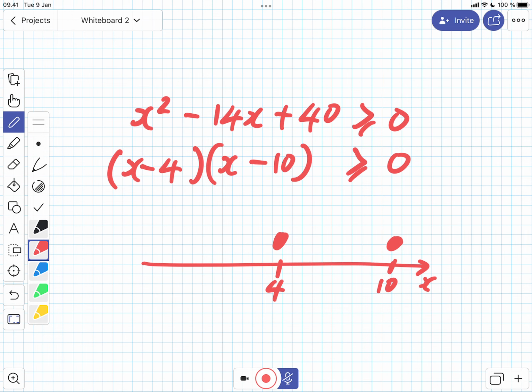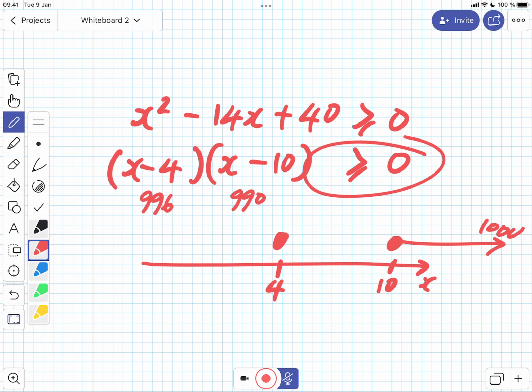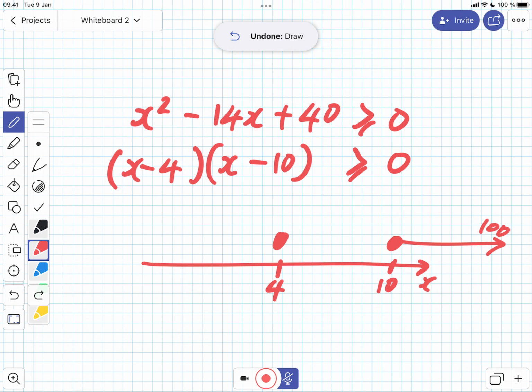For a very big value, like, well, let's go 1,000 this time, you'd get 996 times 990, which is two big positive numbers multiplied together. So that definitely would be greater than 0. Okay, so the whole thing is certainly true if x is greater than or equal to 10. 10, I meant to say there.